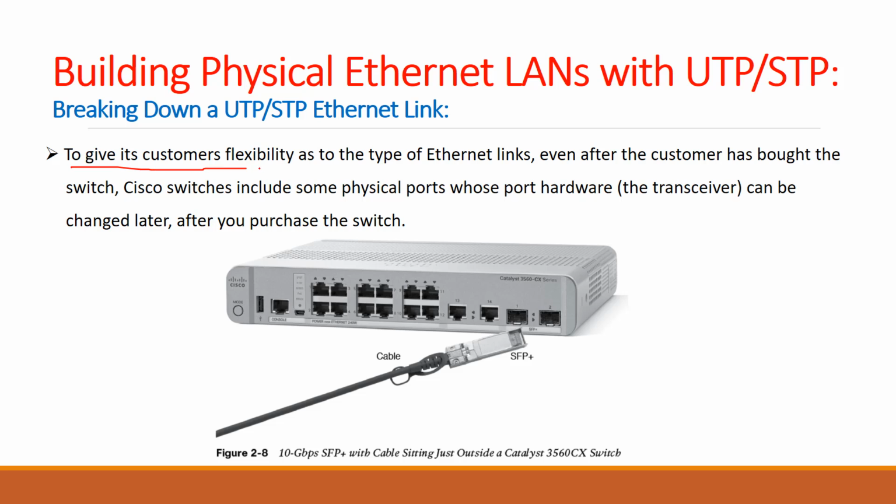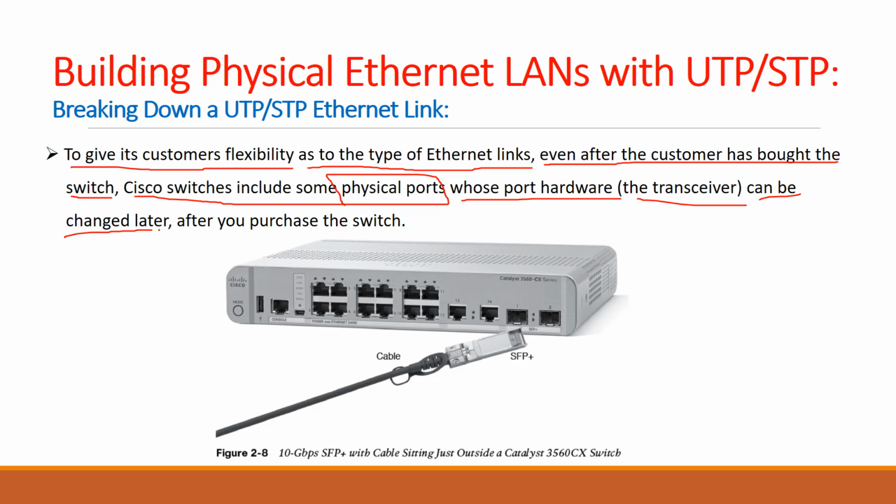To give its customers flexibility as to the type of Ethernet links, Cisco switches include some physical ports whose port hardware, the transceiver, can be changed later, even after the customer has bought the switch, such as these ports. These ports can be used for copper wires or fiber optic cabling.